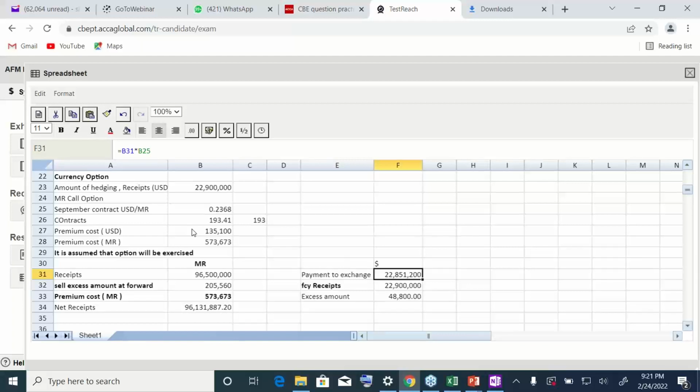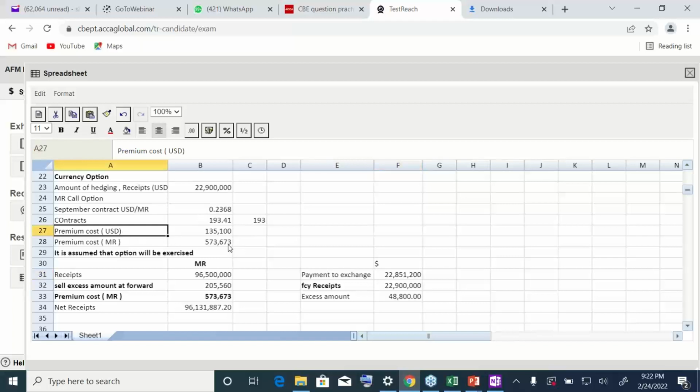Normally in options, over hedging and under hedging will always be involved.